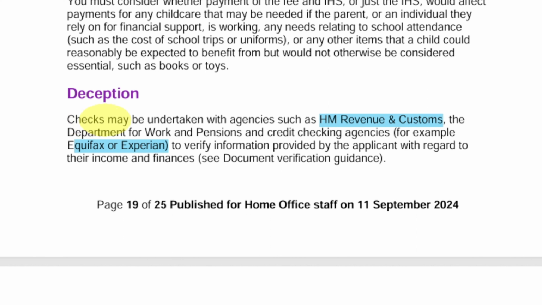Deception: checks may be undertaken with agencies such as HMRC. They will also check your TransUnion. They can go to credit agencies, for example Experian, etc., and they can verify the documents and make sure that whatever you have provided is true.